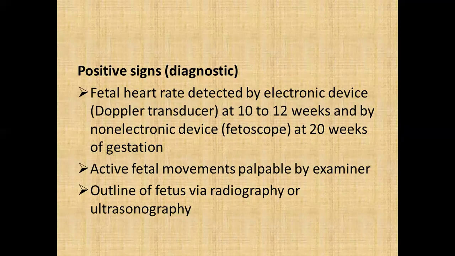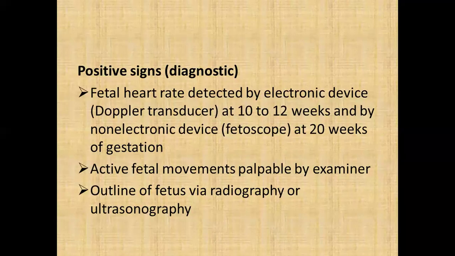So the first one is determining what you call the fetal heart rate. When you are able to determine the fetal heart rate, then understand that it is pregnancy, because that is the only thing that can allow you to hear the fetal heart rate.